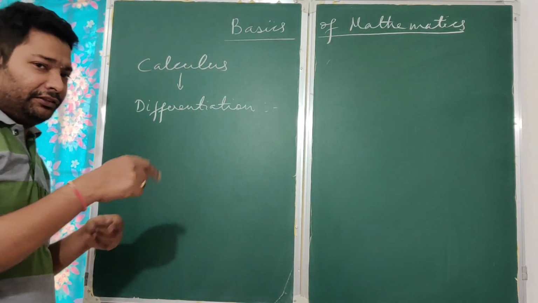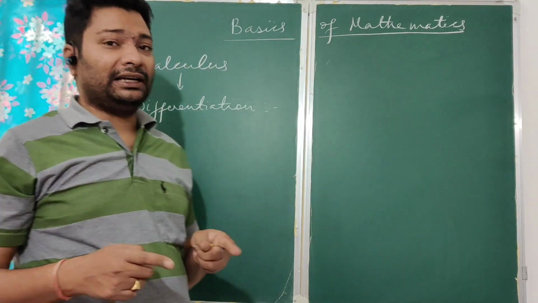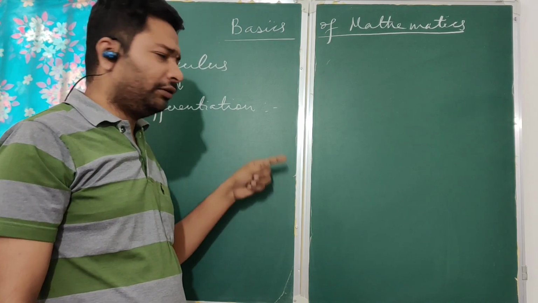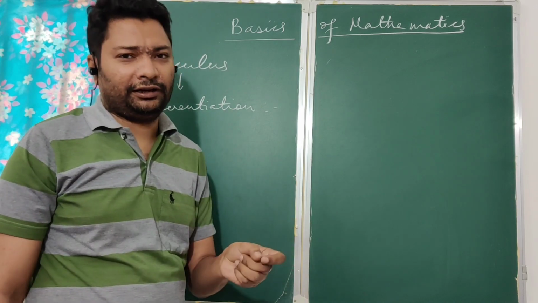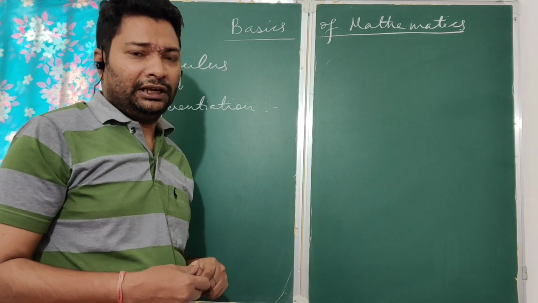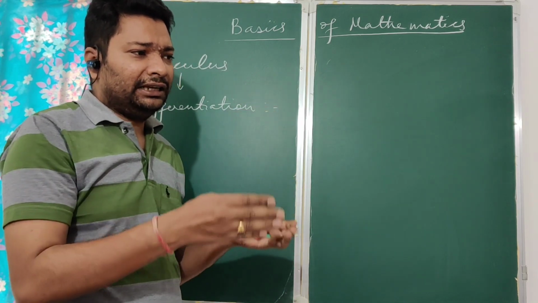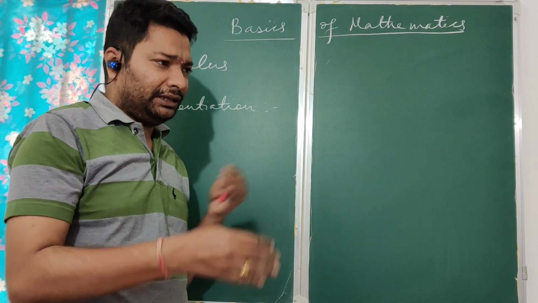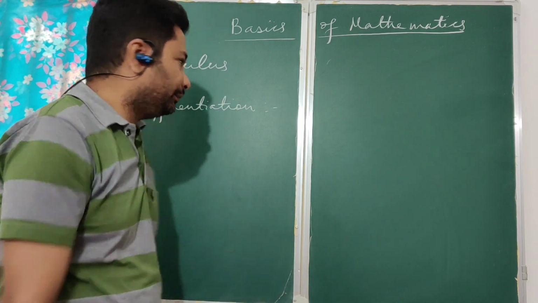So that was the difference in the approach taken by Newton and Leibniz. Most of what we study, like the symbol of integration, was given by Leibniz. He tried to codify everything and he tried to use the different notations which are in practice even today.